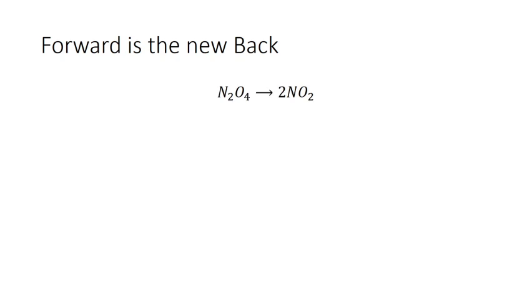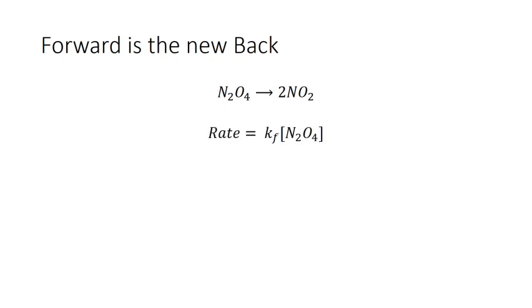Let's look at an example, how we get to equilibrium. This is how we might write a chemical equation: N2O4 is making two NO2s.